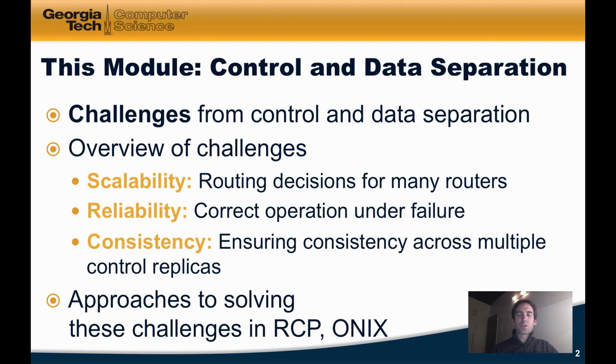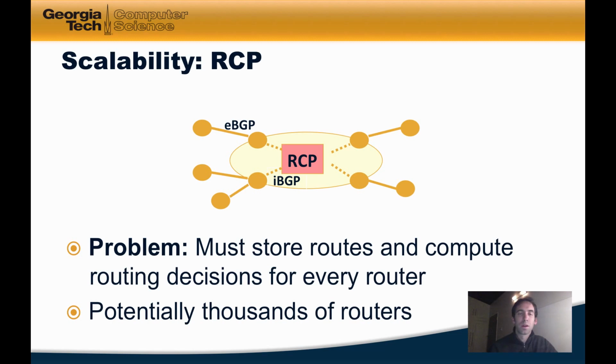And we'll talk about approaches to solving these problems in the form of two different systems, the routing control platform and ONIX. Let's first take a look at some of the scalability challenges faced by the routing control platform and the approaches that that platform takes to solving some of these scalability challenges.